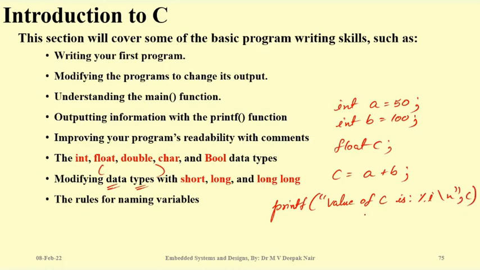What will be the value in the console? Or will it give me an error that no, you cannot do this, or you cannot write something like this, because float c is a float data type and you are trying to add two integers and put it into a float variable. It is not allowed in C.